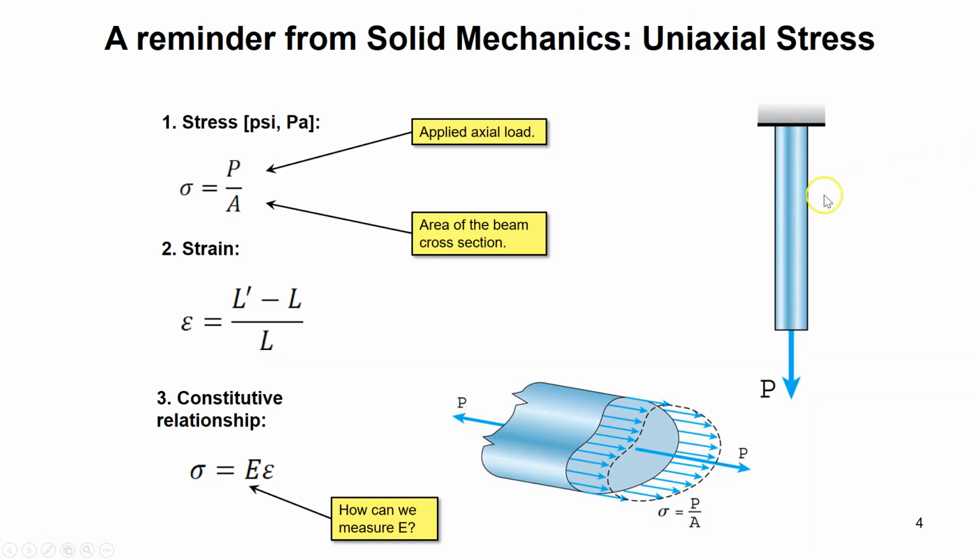Then inside the part is created something called stress, and the bigger force P you apply, the bigger the stress becomes, and this stress can go up until some limit, some capacity of the material, which is called strength.